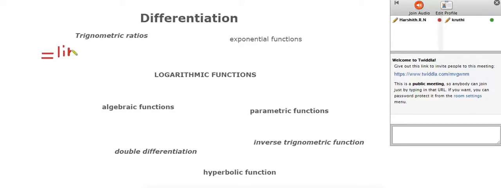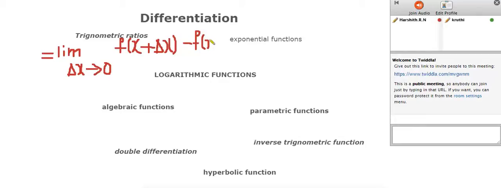or you can use any other parameter as well. Limit delta x tends to 0, f of x plus delta x minus f of x divided by delta x.